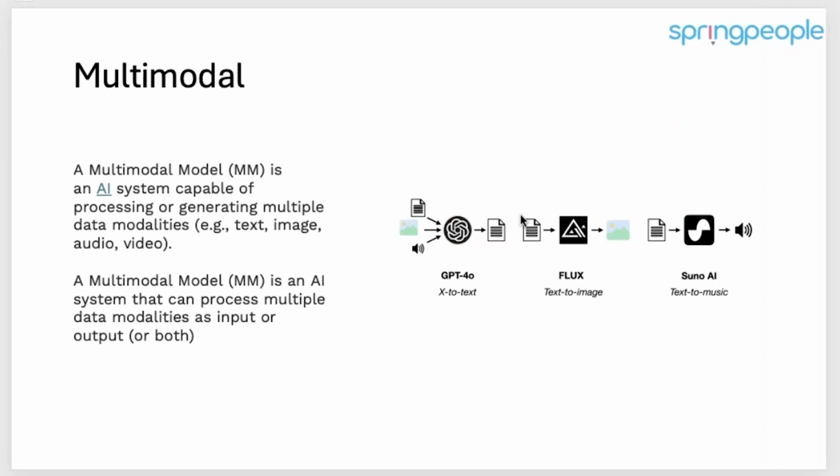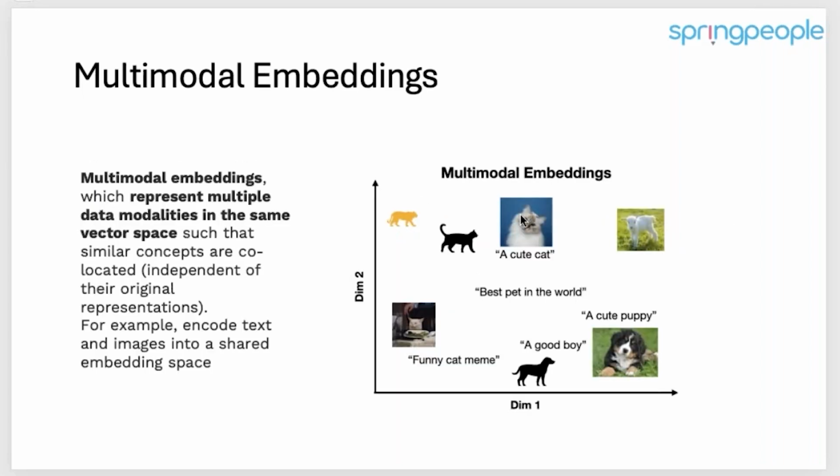It's like having my word in one column, my image in one column, and my audio in one column, and they are different data structures, but all having the same meaning. I can do that with the multimodal approach. So this is how it would look, with different kinds of things all put together.